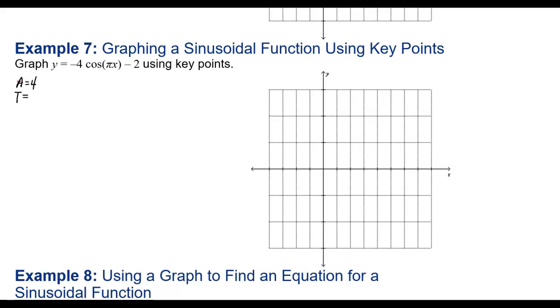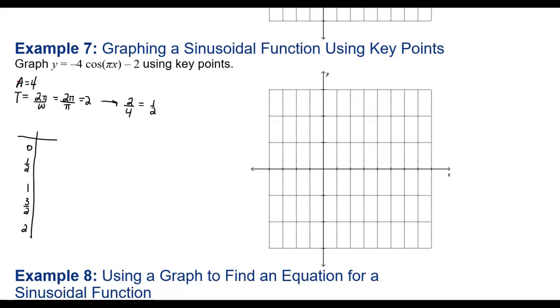Our period is 2 pi over omega, which is 2 pi over pi, which is 2. So now I have to divide 2 by 4, so our intervals are 1/2. So when I make this t-chart, I have 0, 1/2, 1, 3/2, and 2.